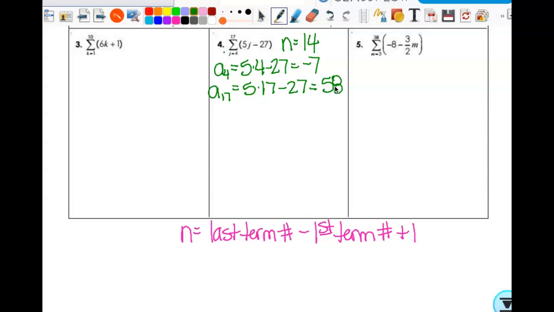Okay, so I have all of that. Now that we have all that from there, then we can put this all together. So the sum of those 14 terms is going to be n, which is 14, times negative 7 plus 58 over 2.